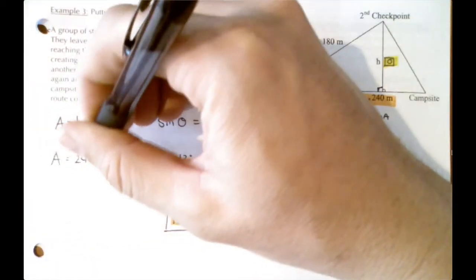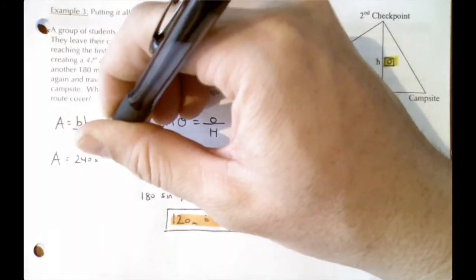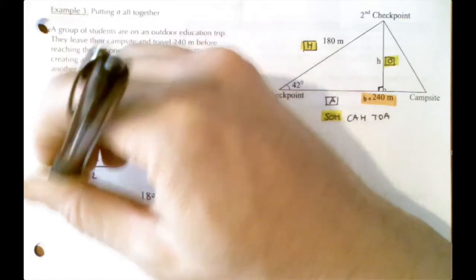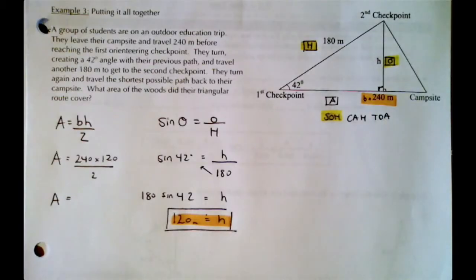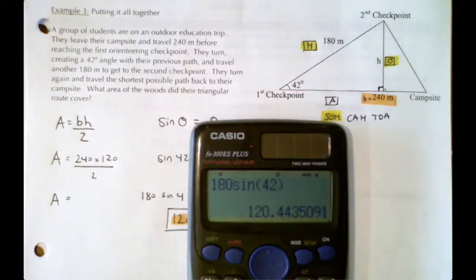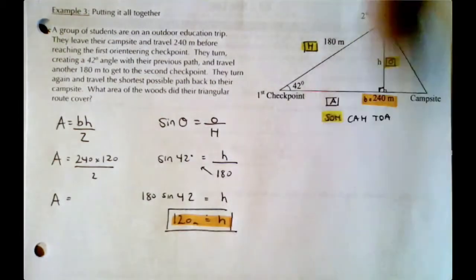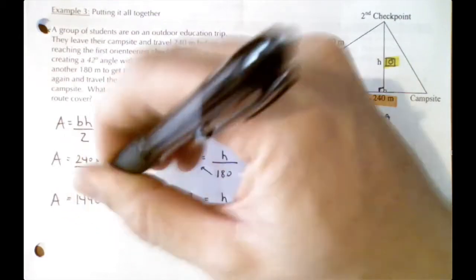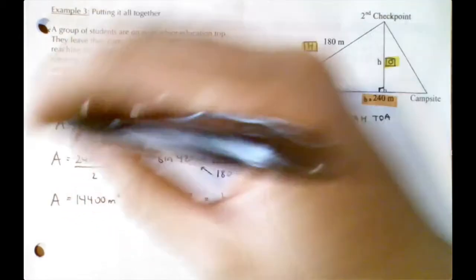240 is the base times 120 is the height divided by 2. We've got 240 times 120 divided by 2. 14,400, and we're working in meters. And area is units squared.